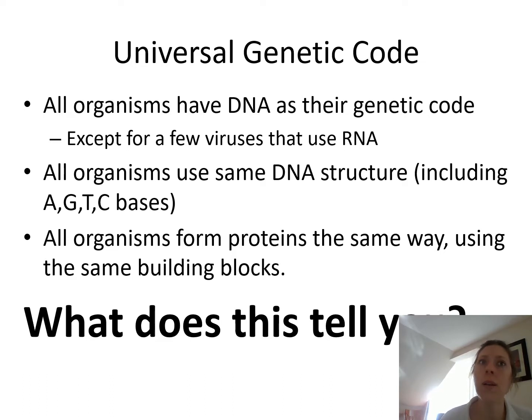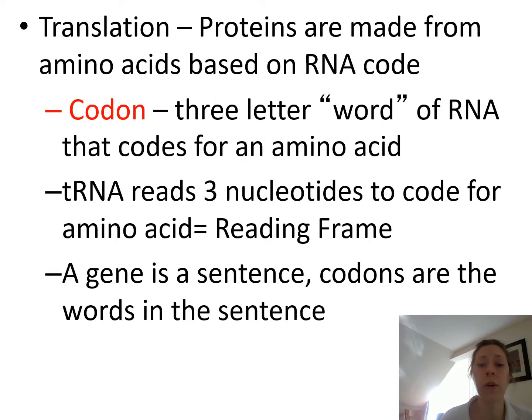So consider, what does that tell us about evolution, about our relationship with all the other living organisms on the planet? Something we'll come back to more at the end of the year. Some things we talked about at the beginning, so we really bookend the year, but we want to keep bringing up this idea, these similar characteristics between all living things. And this process of translation is one of those as well.